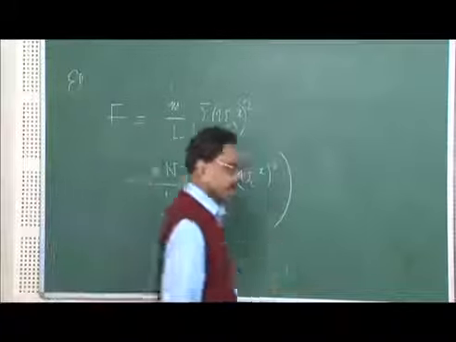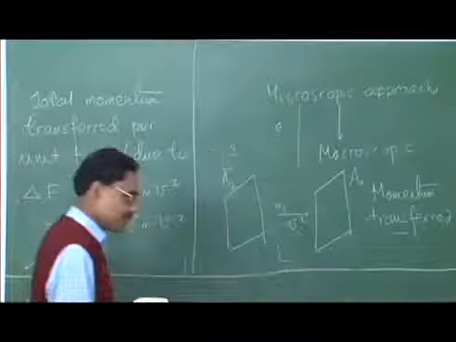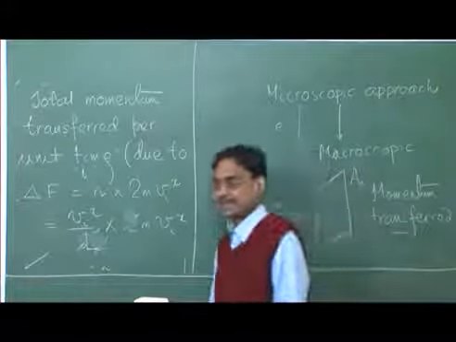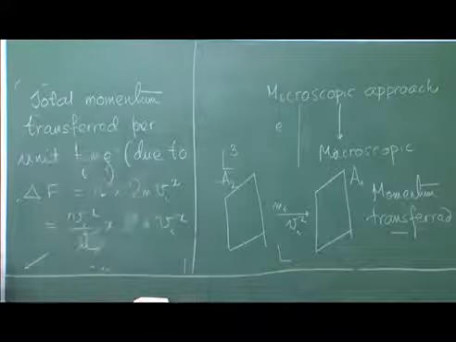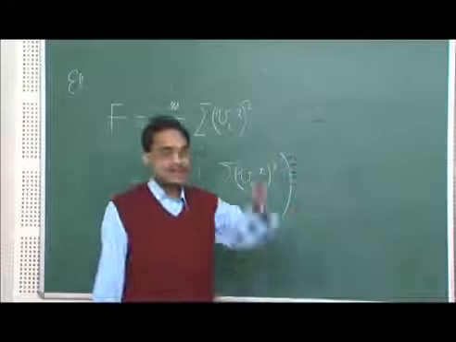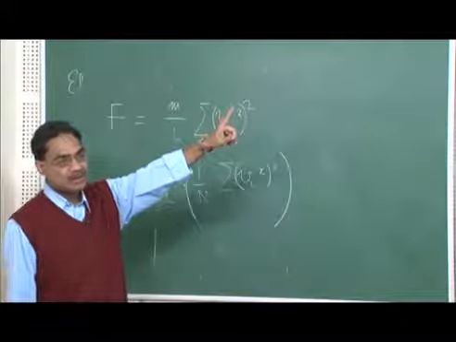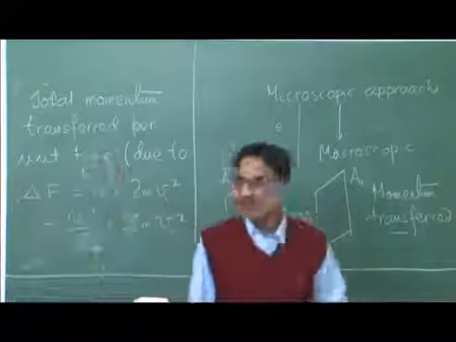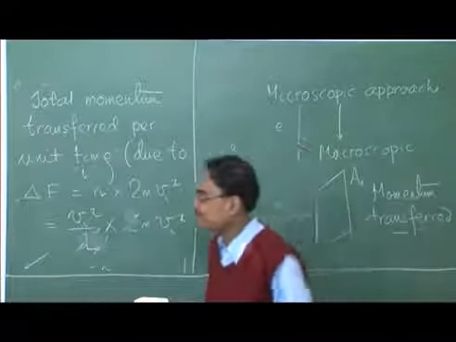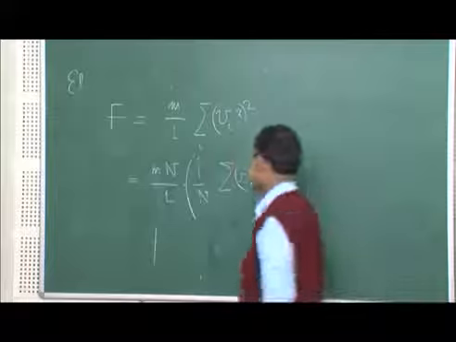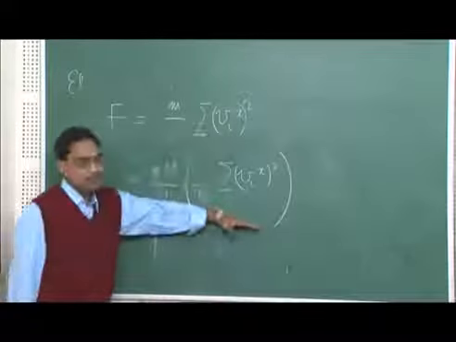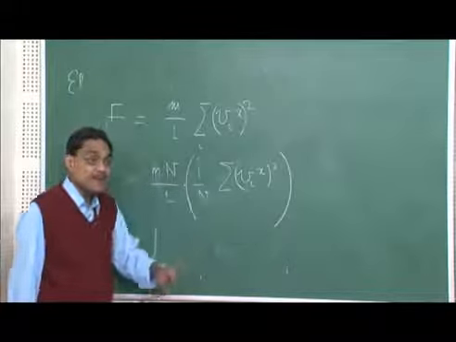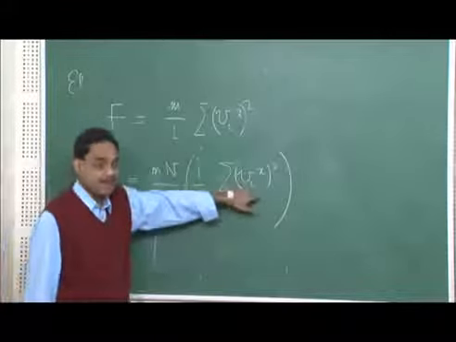If you take a coin and flip it many times, you know the probability of up is half, the probability of down is also half. If I assign a number, up means plus 1, down means minus 1, on average I will get a 0. So, the average velocity is 0, but that does not stop us from coming to an equation involving a mean, which is the mean of the square.